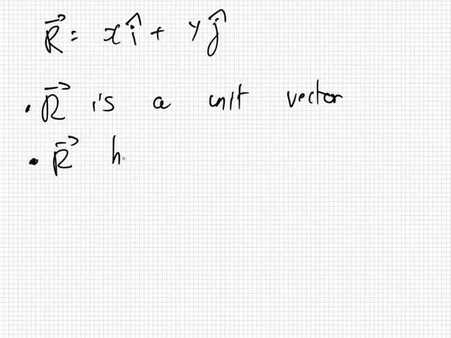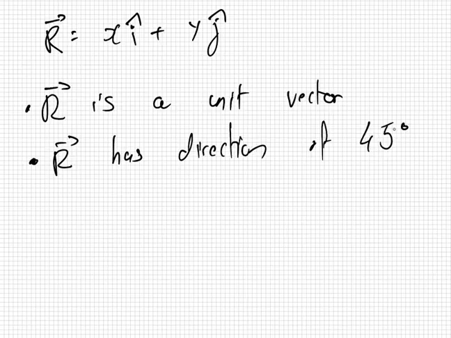OR has direction of 45 degrees. So I'll give you a couple of minutes. What I want you to do is to find the x and the y. I've given you enough information to find x and y. See if you can find it.